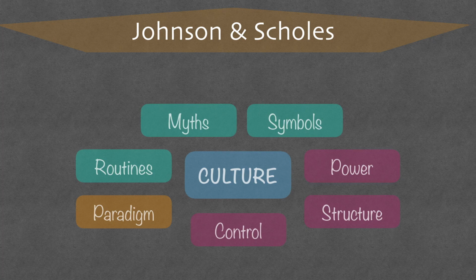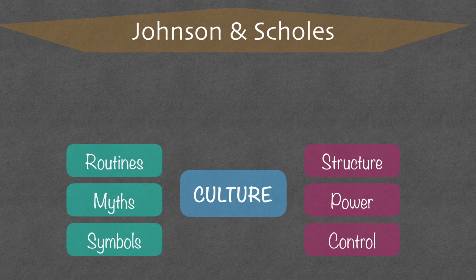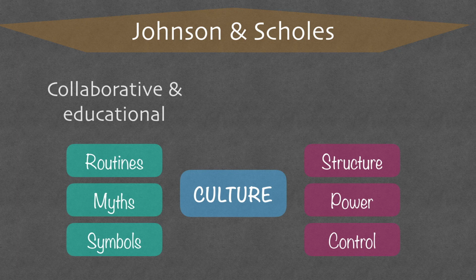To do this, notions of routines, myths, and symbols on the one side are separated from power structures as well as organizational and control systems on the other side. If the value system depends largely on the first category, a collaborative and educational style of change management is applied. In the opposite case, your change management style will be more directive and interventionist.